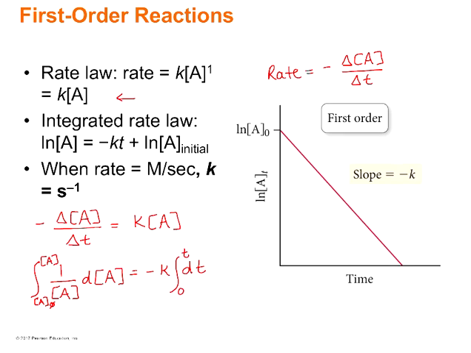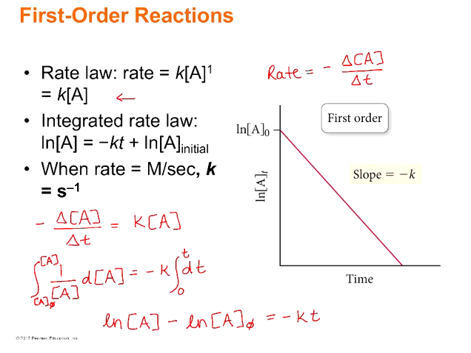And the integral of 1 over A, or 1 over x, if you like to think of it that way, is the natural log of A, or x. So we'll end up with the natural log of A minus the natural log of the initial concentration of A is equal to negative kt.